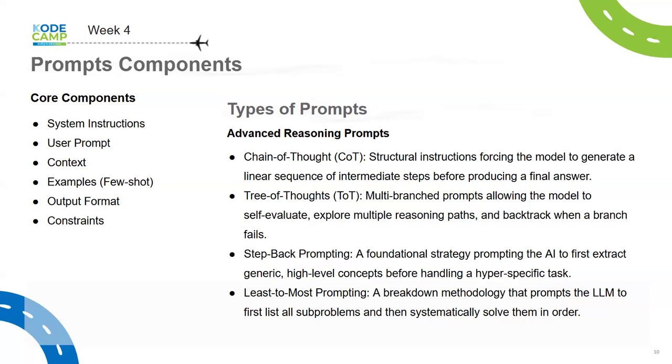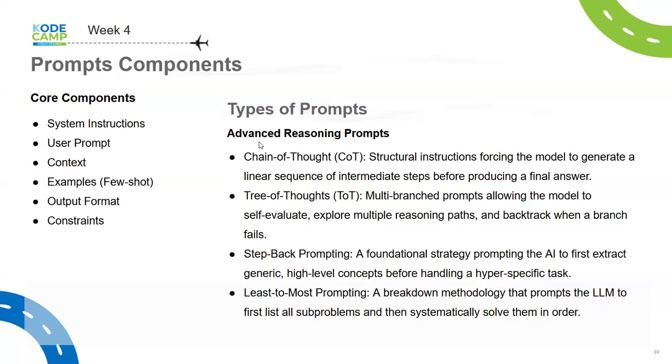Okay. And then you have examples. Examples is where you give few-shot examples of how to do stuff, right? So it helps. Then the output format, like we said, and the constraints. So what are the types of prompts that we have? For reasoning, we have what we call advanced reasoning prompts.